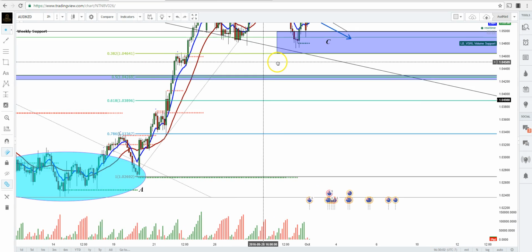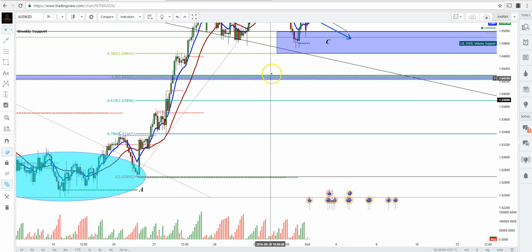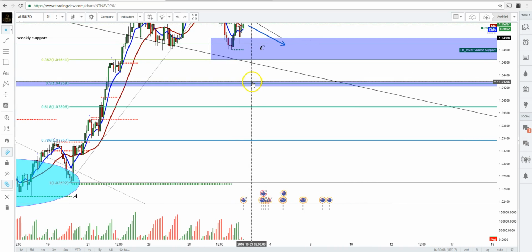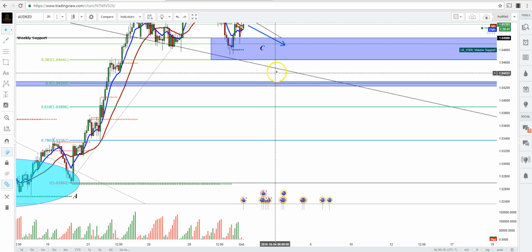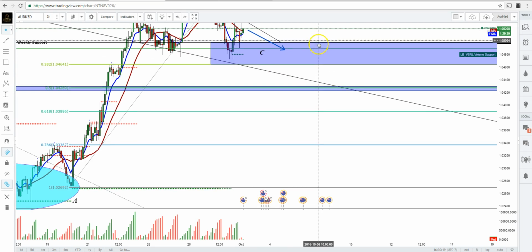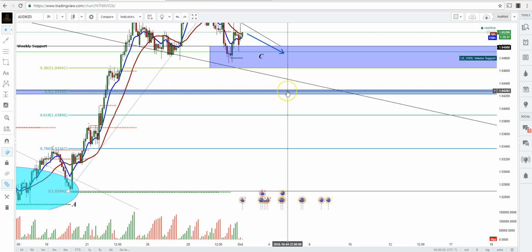And what I would want to do is secure a stop loss 15 pips below the 50% retracement level, because if it breaks back within this downtrend structure, I'm really not bullish on this pair whatsoever.